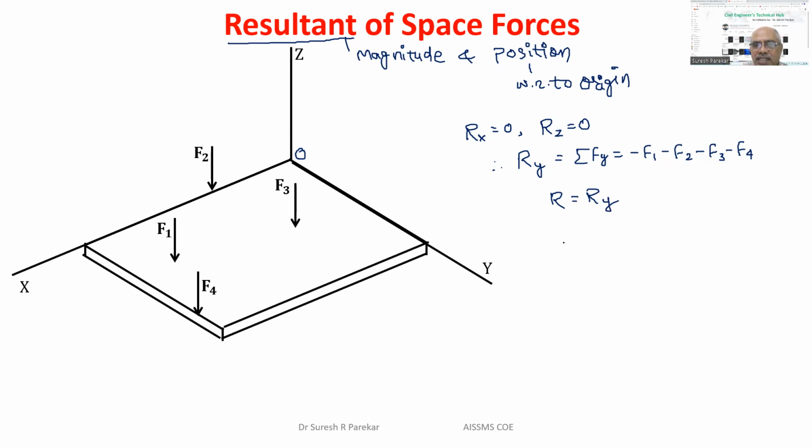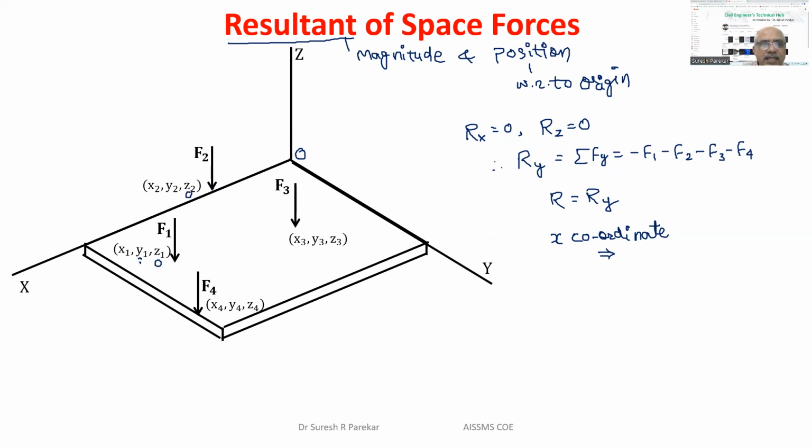Now to find the x position of the resultant, or the x coordinate, we have to take the following. So this will be F2. Now, if you see the coordinates of the forces, they are in this fashion. For all these forces, the z component is 0.